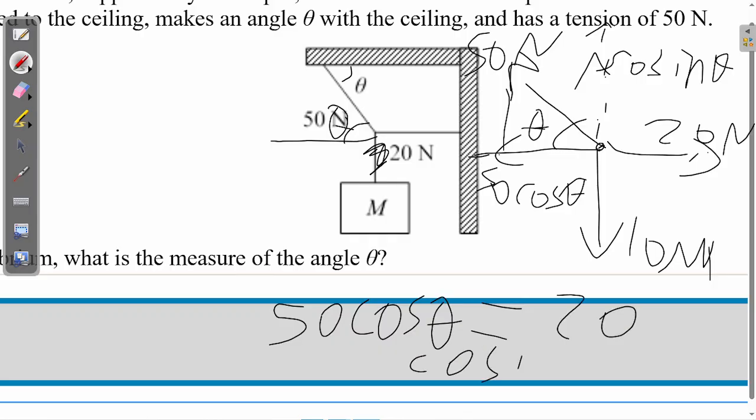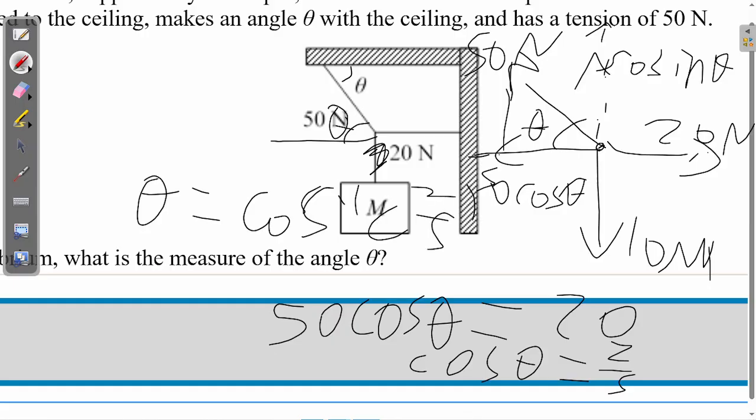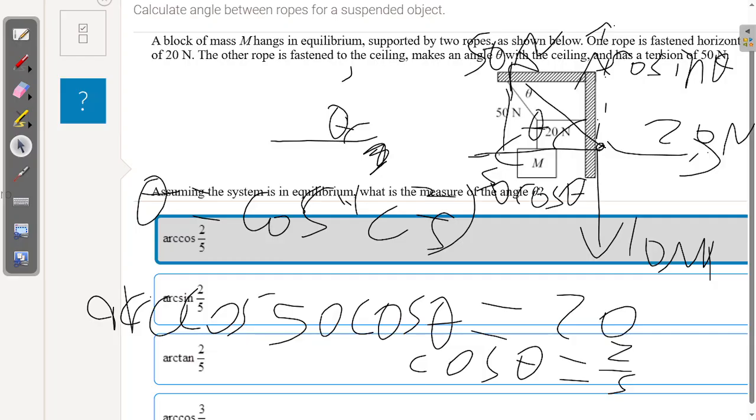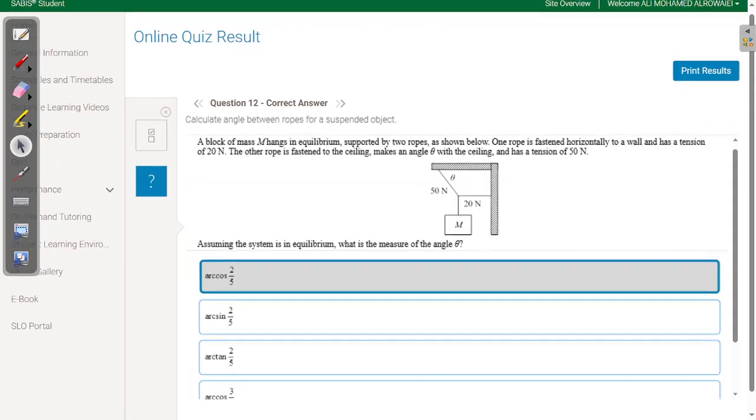So cosine theta is equal to 2 over 5. So theta is equal to cosine inverse of 2 over 5. Another way to say cosine inverse is arc cos, which is what they said in the answers. See, it's arc cos 2 over 5.